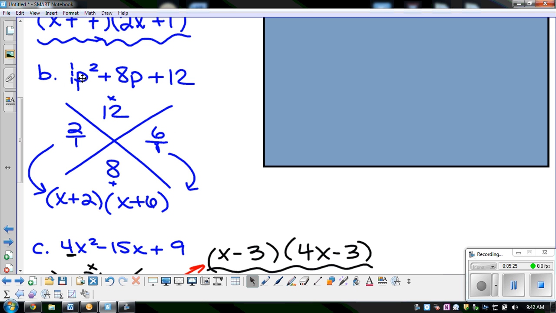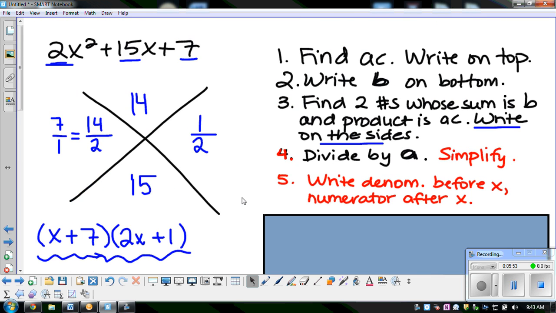And then when we do the step of dividing by the a term, since a is just 1, no simplification is necessary. And when we go to use these in the factors, it's just 1x plus 2, 1x plus 6, which is similar to the simple process of just finding two numbers that multiply to 12 and add to 8. We're doing the same thing, but you can use the x method to organize it. So that is the x method for factoring quadratics.